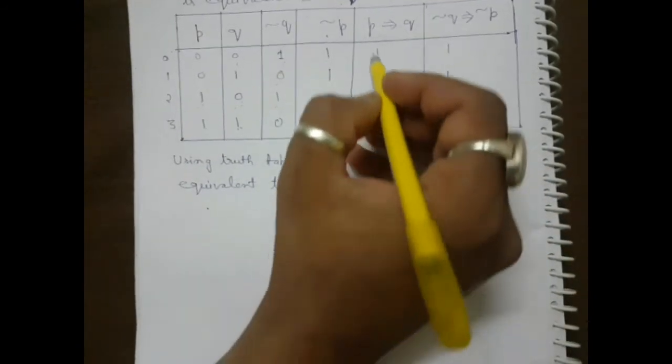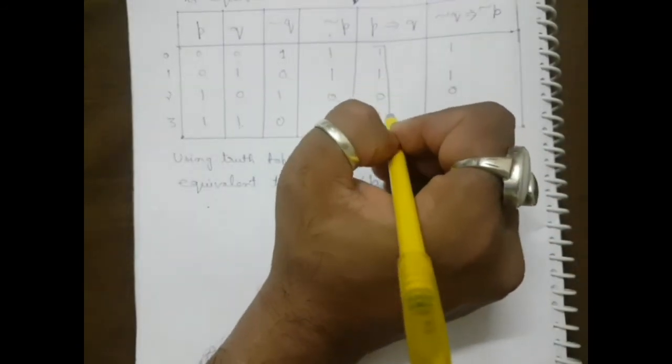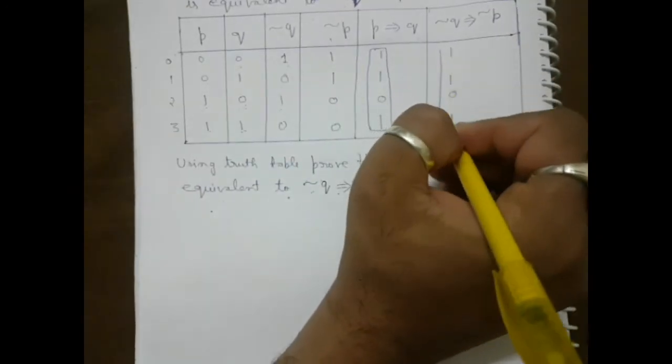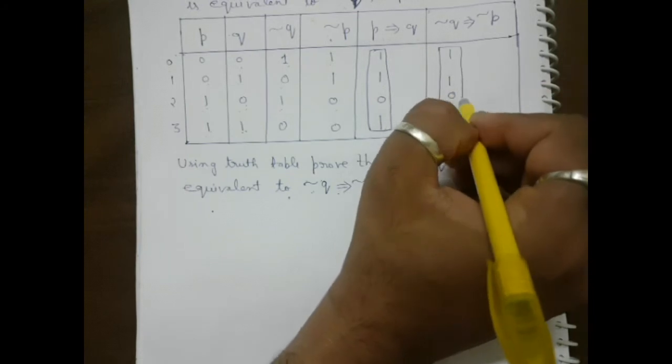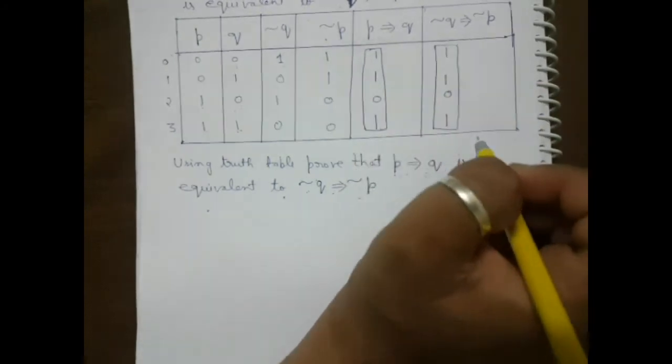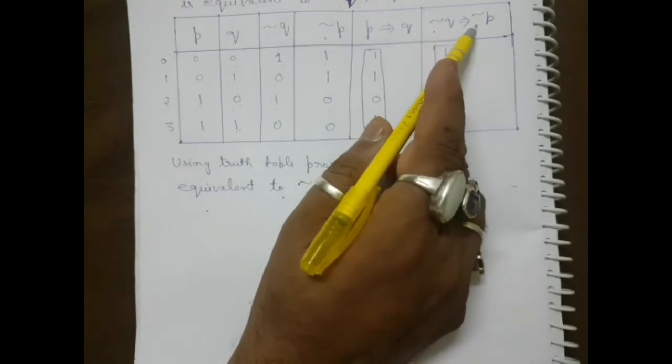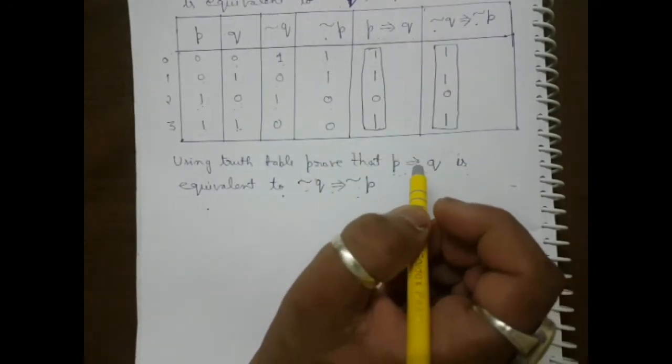Now you can see that the set of truth values for p conditional q is equivalent to the set of truth values of not q conditional not p. Right?